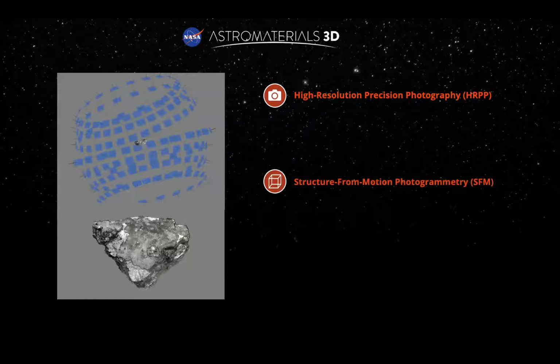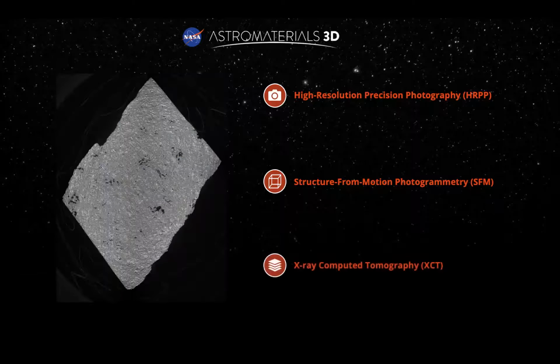Then we take these photographs into a structure from motion software and reconstruct using photogrammetric principles that are tailored to each rock's individual characteristics. At the same time, we scan each of the rock's interior using X-ray computed tomography, which gives us the data we need to create the one-to-one volumetric model of the original rock, as well as providing a preliminary view of what these rocks are made of.